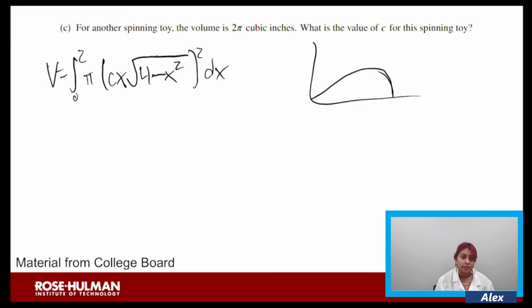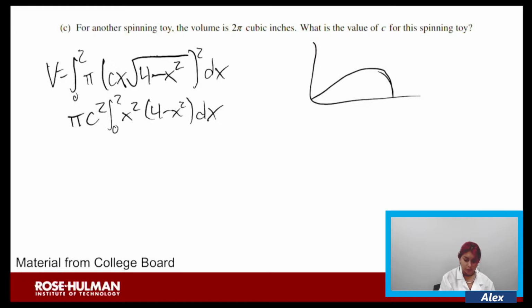Since c is a constant, you can pull that out front with pi and get pi times c squared multiplied by our integral. Do a little bit of simplifying, and that makes this integral much easier to solve.